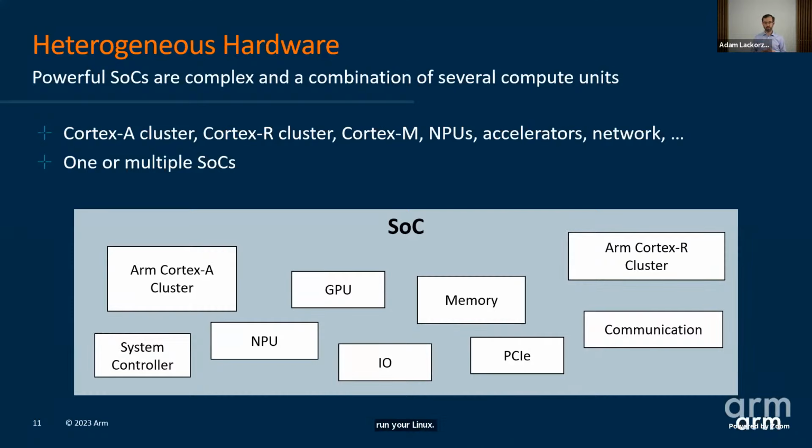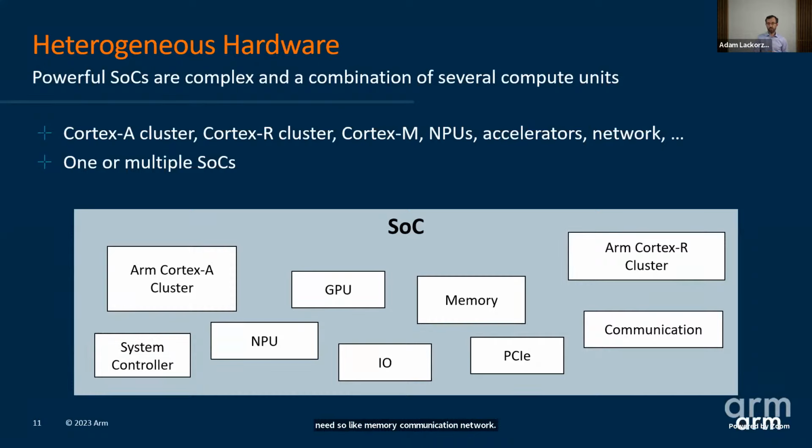There is a Cortex-R cluster where you run your autos workloads maybe. Then there can be a GPU for doing GPU-related things. There can be an NPU for doing AI-related things, and obviously there are also the standard blocks you would need, like memory, communication network, PCIe, and so on.